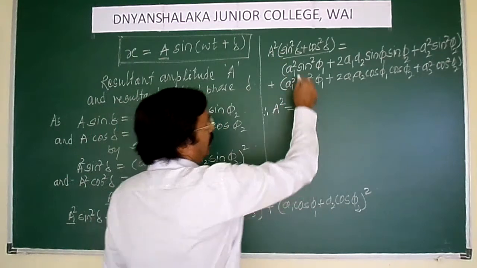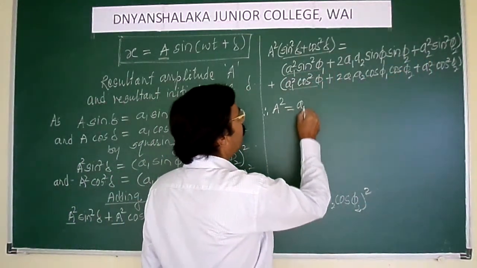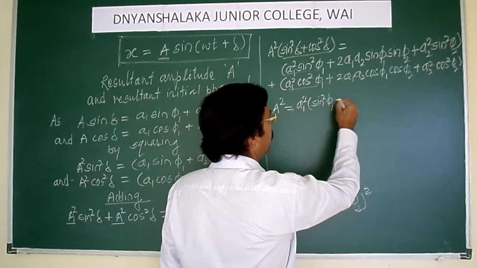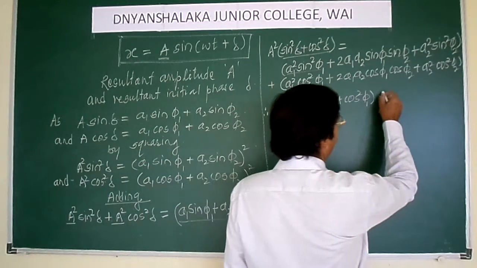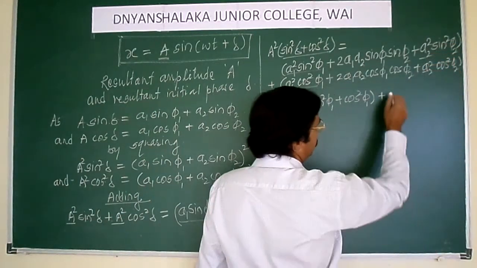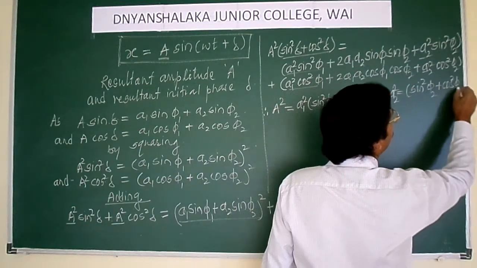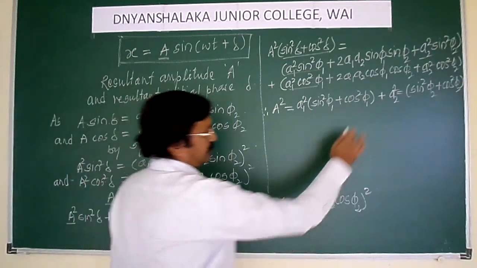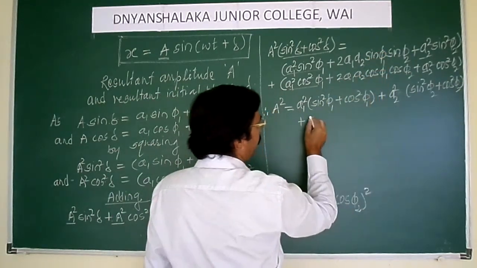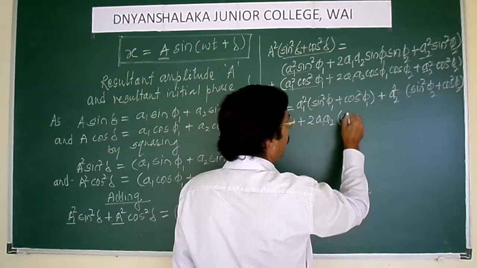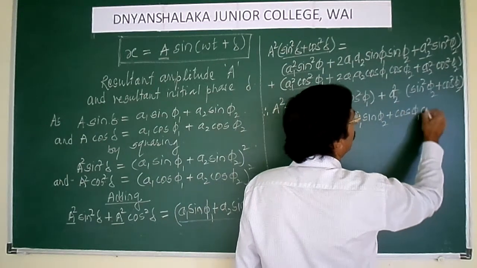Now in this addition, take A1 square common, so A1 square into the bracket sin square phi 1 plus cos square phi 1, plus from this term take A2 square common, so A2 square into sin square phi 2 plus cos square phi 2, plus from this term take twice A1 A2 common, so sin phi 1 sin phi 2 plus cos phi 1 cos phi 2.